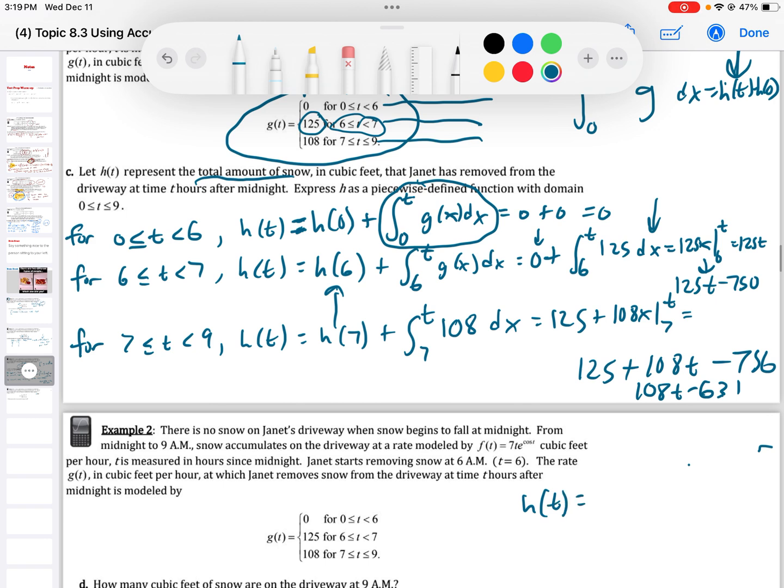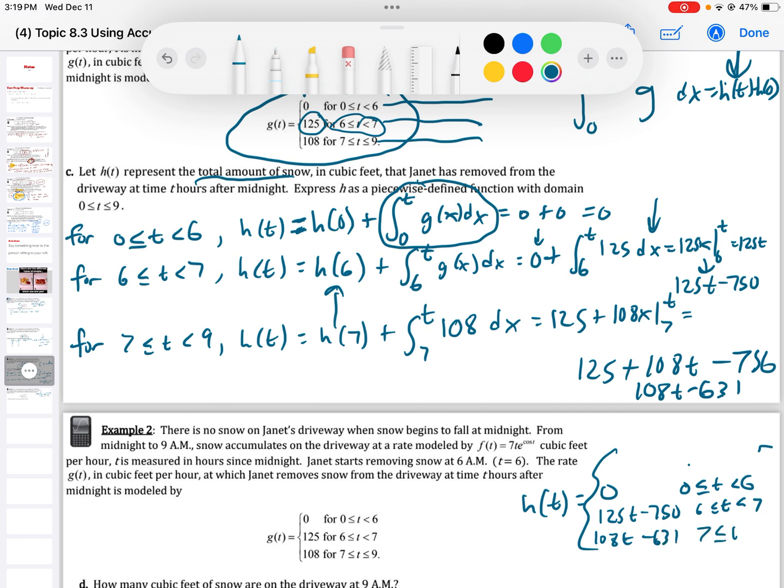So the way I would define h, all nice and clean, h of t is equal to 0 for t between 0 and 6. It would be 125t minus 750 for t between 6 and 7.